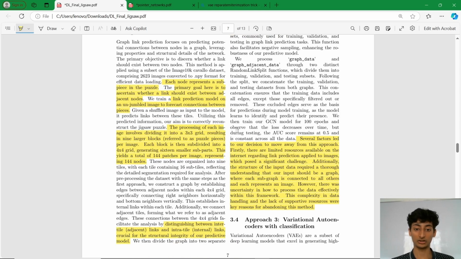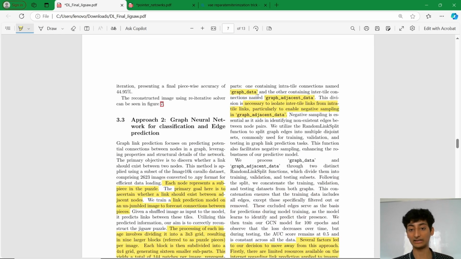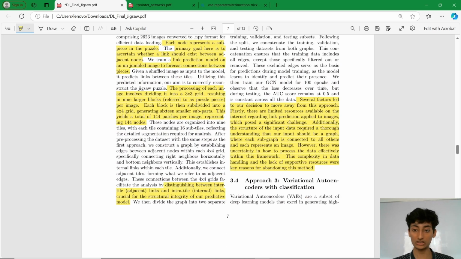The processing of each image involved dividing it into a 3x3 grid, which we always do, which gives 9 larger blocks, and each block is then subdivided into 4x4, which leads us to our graph adjacent data and the graph data. So I'll tell you the learnings we came out with from using this, and how we discarded this particular model, although it was looking promising in the first part of our project.